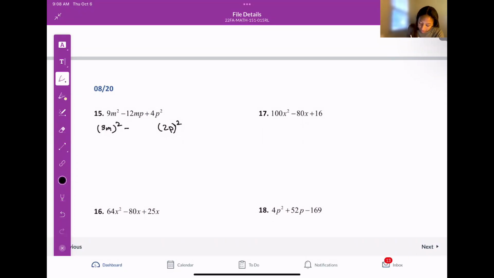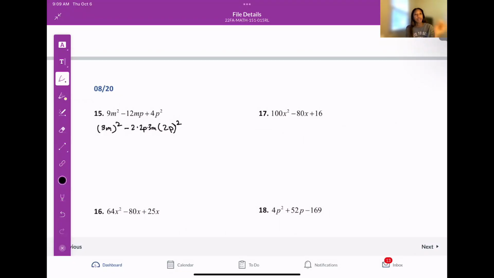All right, and in the middle, 12 is 2 times 2p times 3m. It does work out. The way that I think about doing this to show that it works for the rule is that it should be easier to factor the first term and the last term into squares.